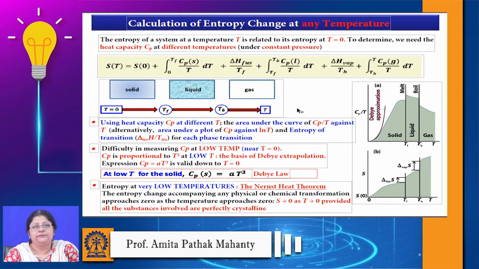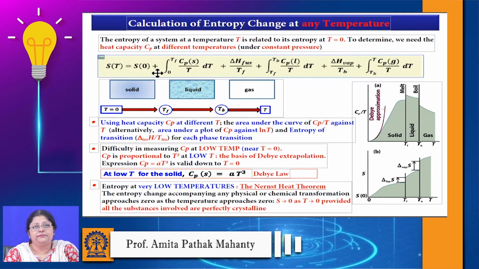We are not going to discuss any further about the third law. We are just going to see how to compute from T equal to 0, because until it is mentioned what the initial temperature is, you can calculate the entropy change from T equal to 0. The graph is going to look like this.